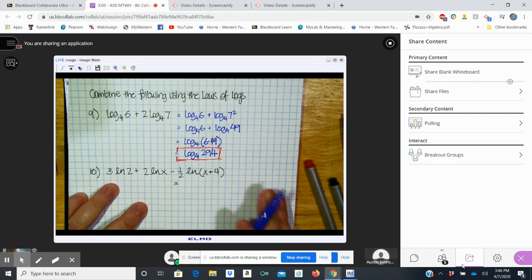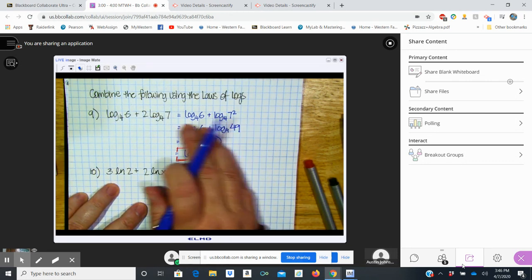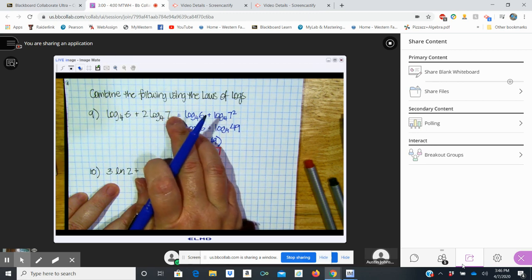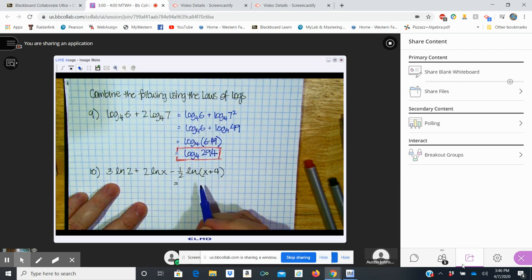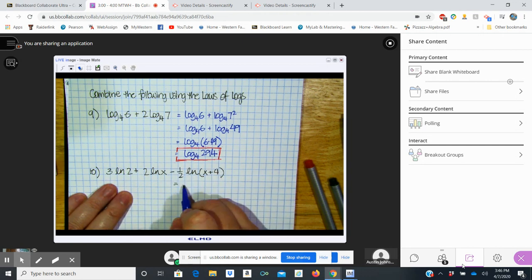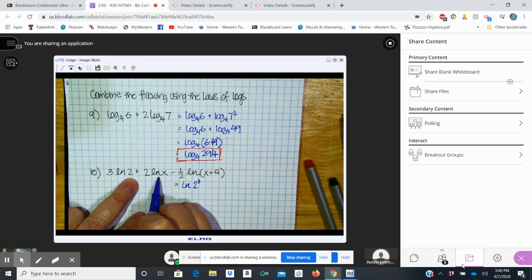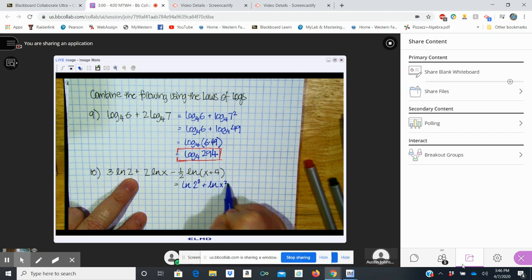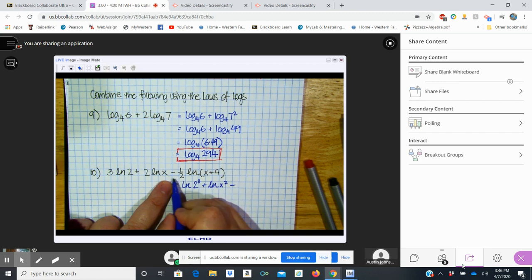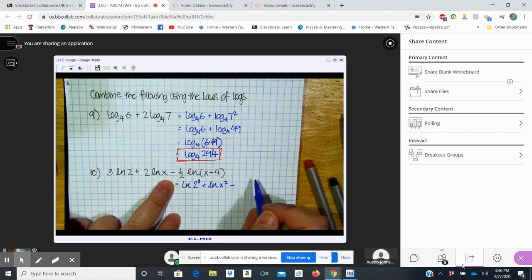And just like I did up here, I'm going to take any multipliers and put them in as exponents first. So 3 ln 2, I'm going to rewrite as ln 2 to the third, plus 2 ln x, I'm going to rewrite as ln x squared, minus 1/2 ln of x plus 4, I'm going to rewrite as ln of x plus 4 to the 1/2 power.